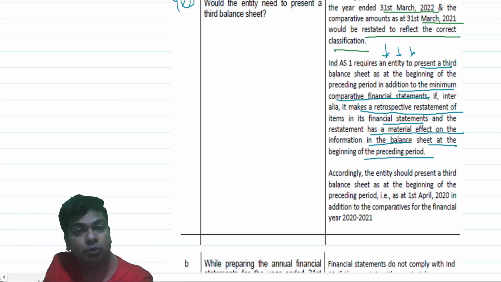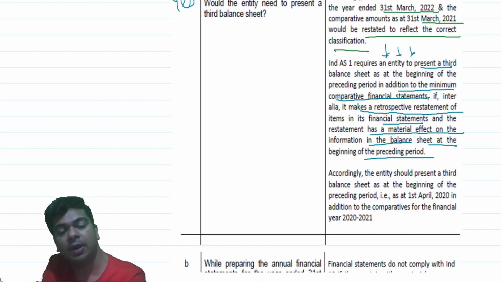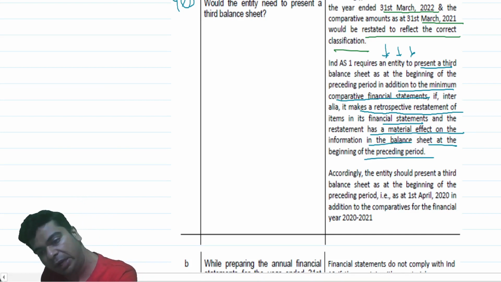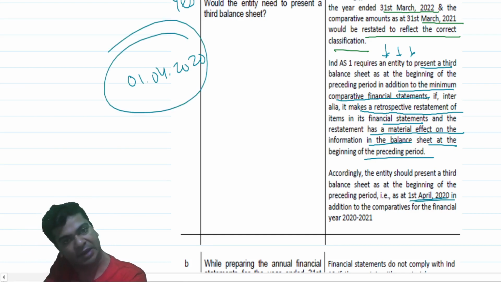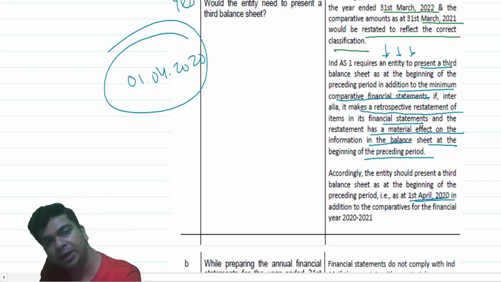And finally, we come to the conclusion that yes, we ought to prepare a third balance sheet. They say, accordingly, the entity should present a third balance sheet as at the beginning of the preceding period, that is 1st April 2020. We had already discussed this, right? This is the date on which you will have to prepare the third balance sheet, in addition to whatever corrections you have already done in the comparative information.